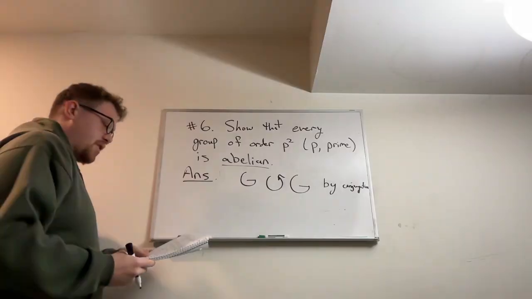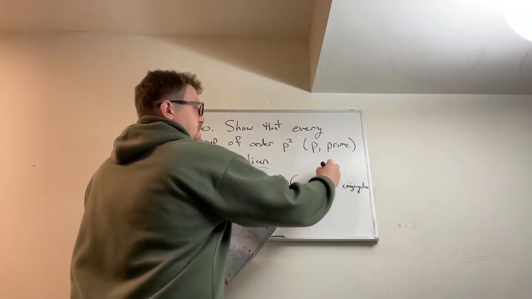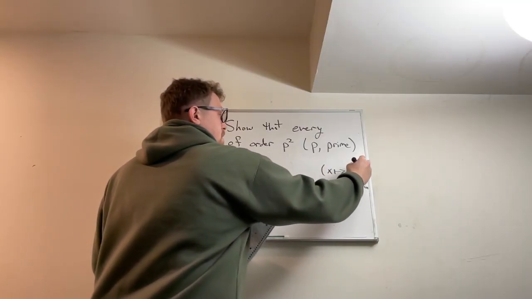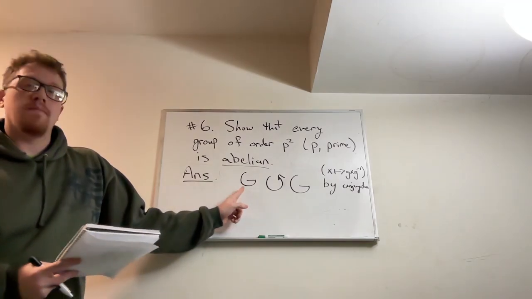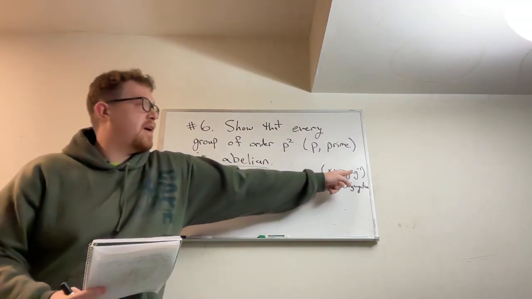Remember, conjugation just means x gets sent to g x g inverse for any element x in the group, where g is the element doing the action. So x gets permuted by conjugation.